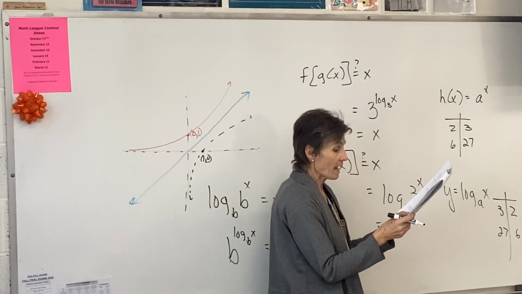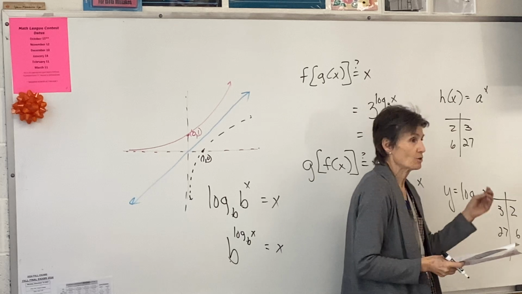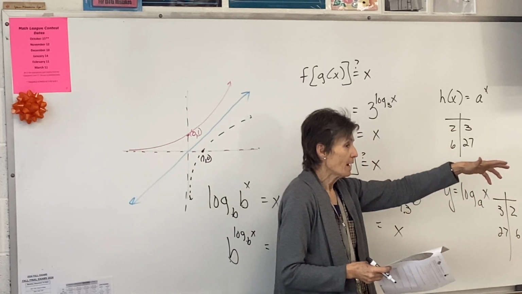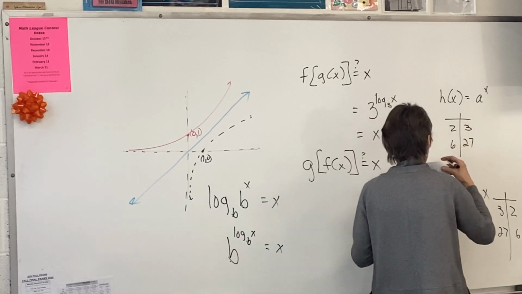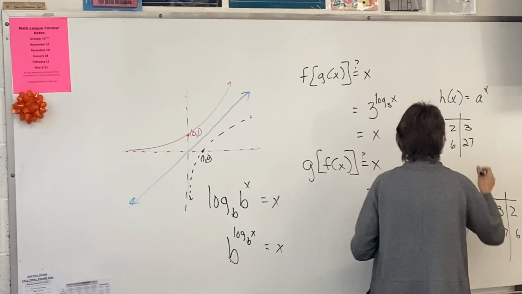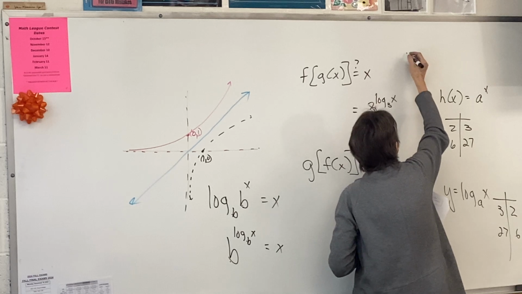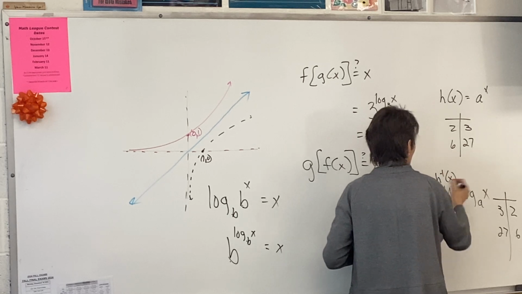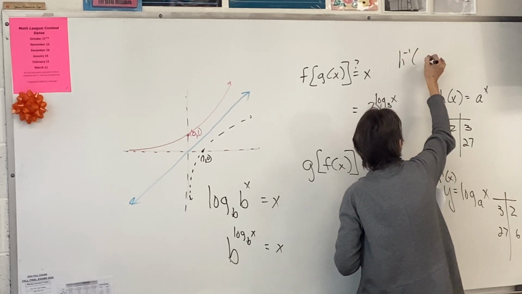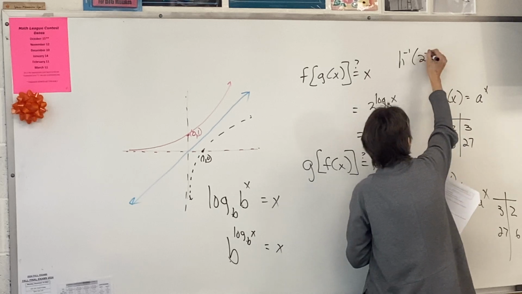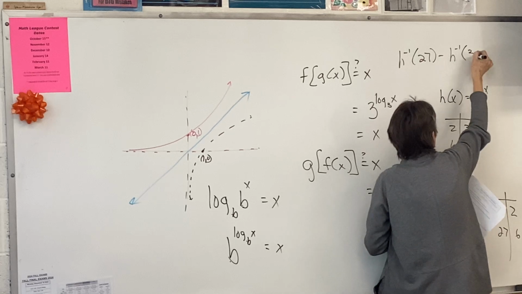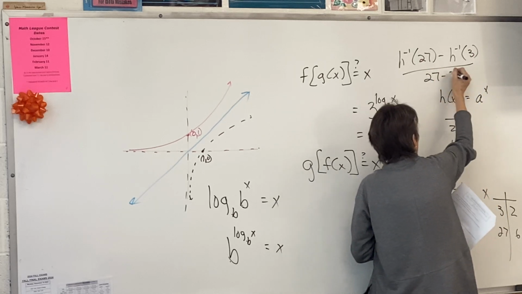You're going to find the average rate of change, oh my gosh, right out of 1.1, going all the way back to day 1 almost. How do we find an average rate of change? Rise over run, change in y over change in x. We're going to take h inverse of 27 minus h inverse of 3, and divide that by 27 minus 3.